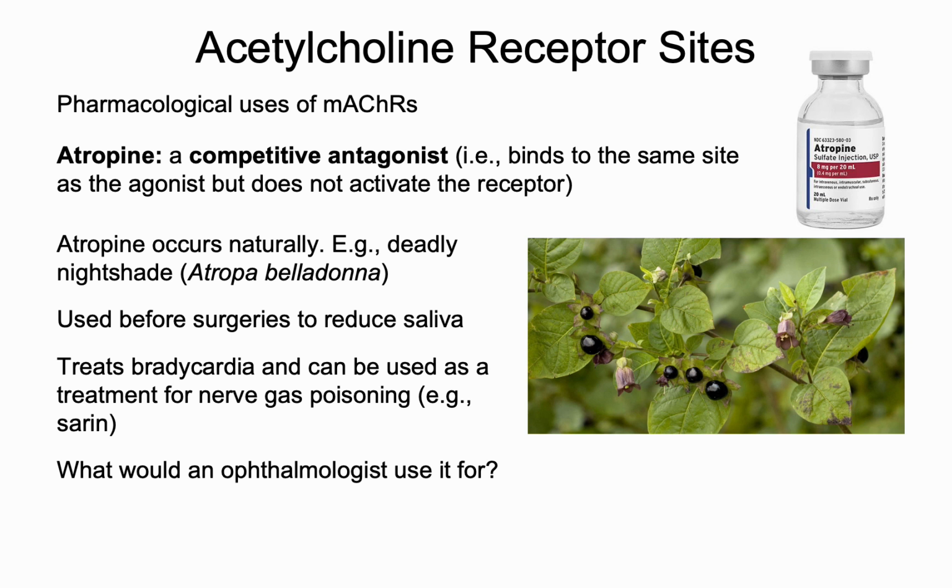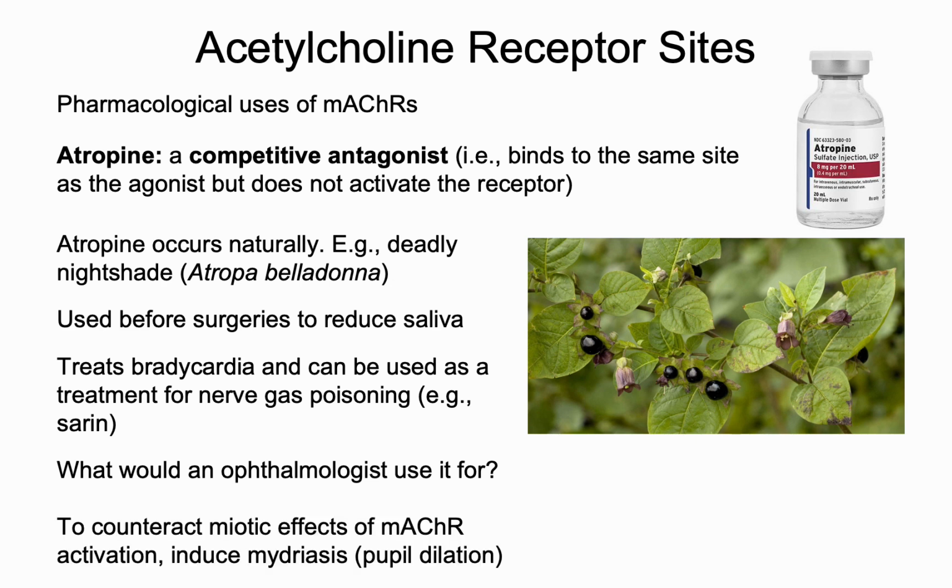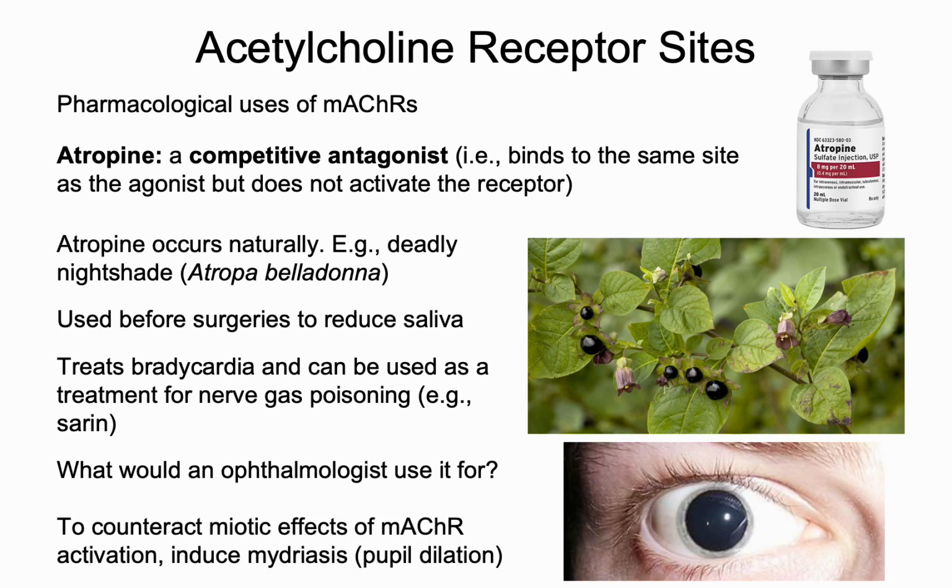What would an ophthalmologist use it for? If you remember in the last slide, one of the effects of muscarine was miosis, which is the constriction of the pupil. And so actually what it's used for is to counteract that miotic effect of the muscarinic receptors.